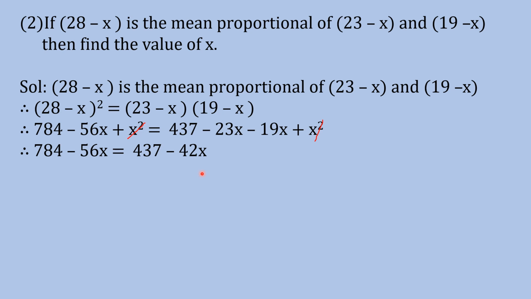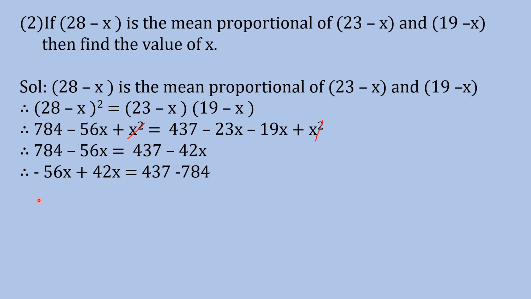Is it clear? Now we have to bring numbers to one side and variables to the other side. So when you do so, it will become minus 56x plus 42x. I brought this minus 42x to the left hand side. So it became minus 56x plus 42x equal to 437, and this number will go to the right hand side, it will become minus 784. So 437 minus 784. As you know, the minus sign number is greater, so the answer will also come in minus.